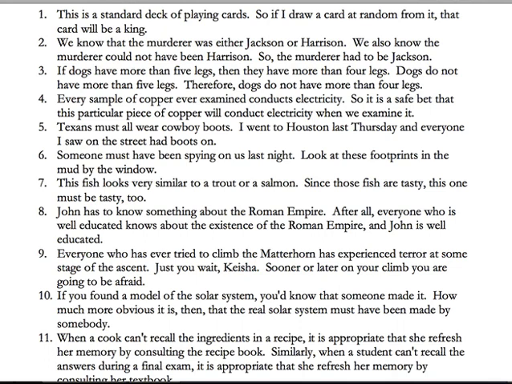So the argument reads as follows. Premise 1, if dogs have more than 5 legs, then they have more than 4 legs. Premise 2 rejects the antecedent, dogs do not have more than 5 legs. And the conclusion is that dogs, therefore, do not have more than 4 legs.